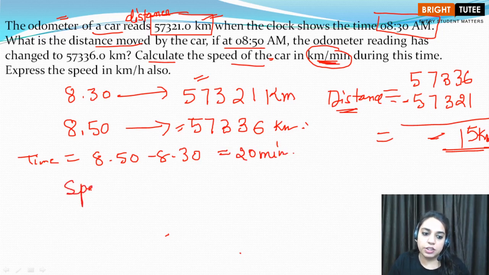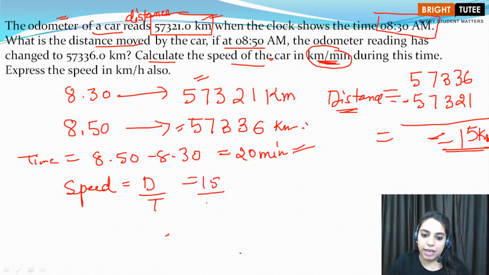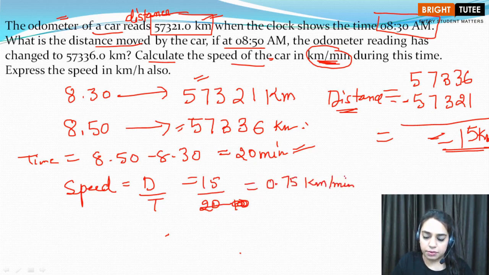The unit of the speed has to be kilometers per minute. So you need not convert any unit here because the time is also in minutes and the distance is in kilometers. The formula for speed is distance divided by time. Distance is 15 and time is 20 minutes. So the answer will be 0.75 kilometers per minute. The speed is 0.75 kilometers per minute.